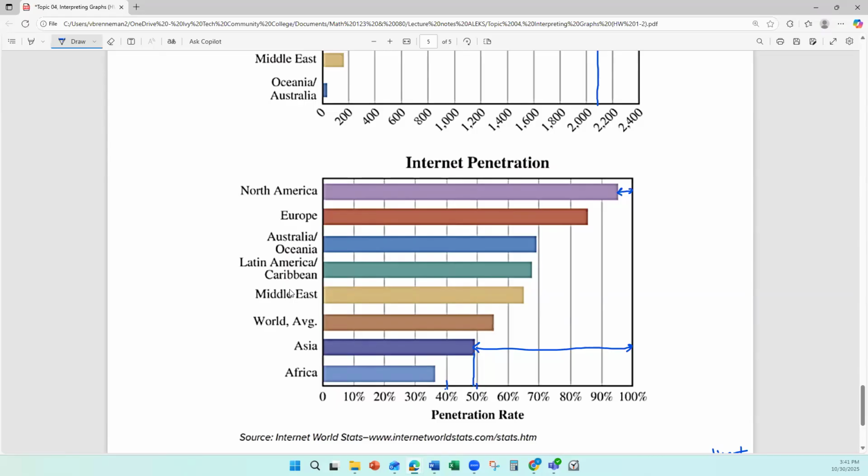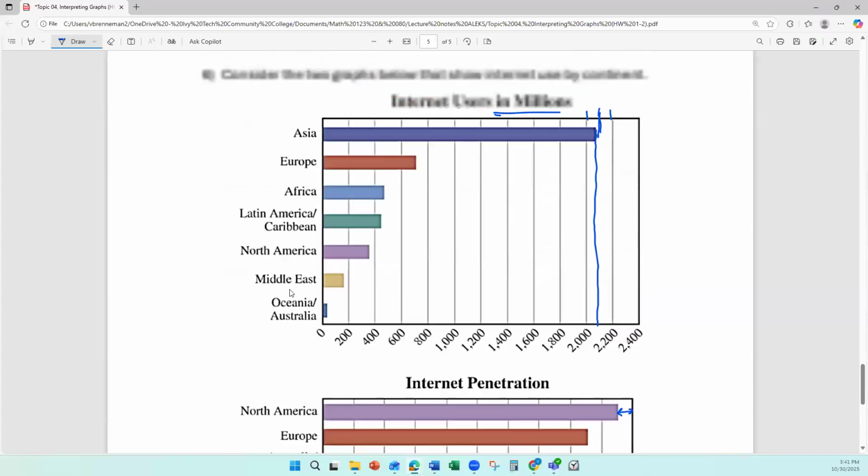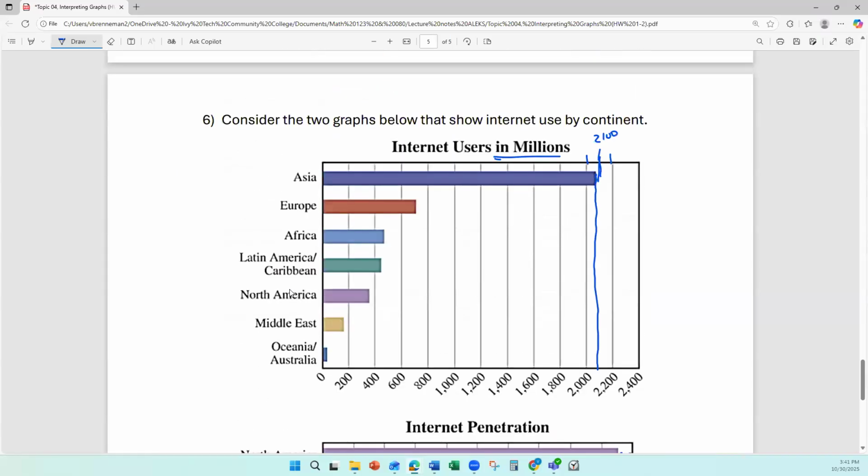So if we care about the actual numbers of people using the internet, then we get this. We can see that there are far more people in Asia using the internet because Asia has far more people in it to begin with. But just looking at this numbers graph doesn't tell us anything about the even more so people in Asia not using the internet. So either of these by themselves doesn't give the whole picture.